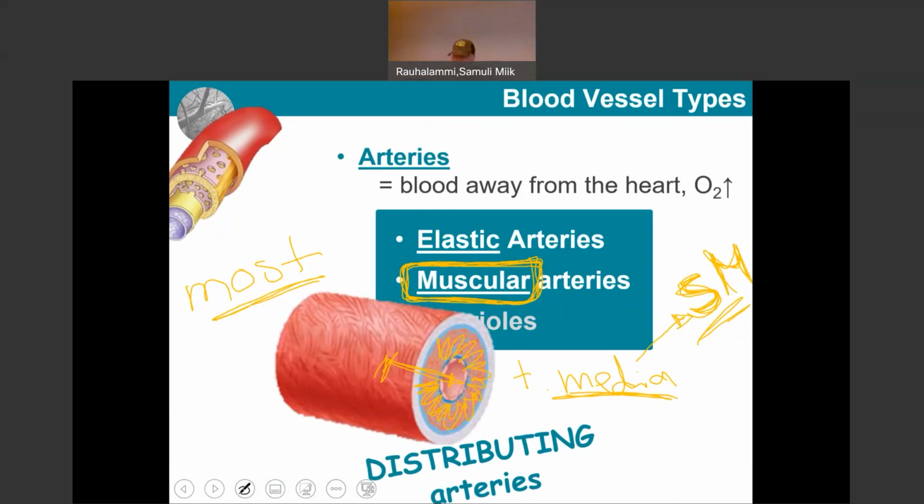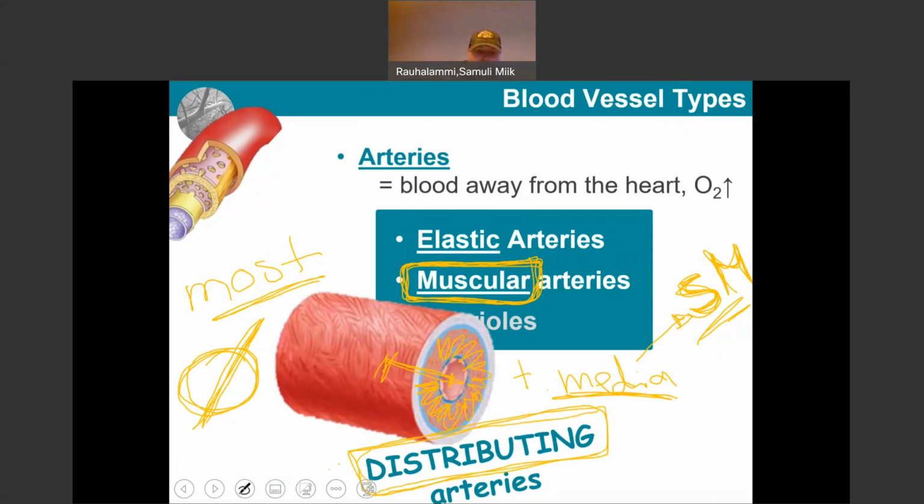There is a little elastic tissue as well, and this, of course, allows us to do vasoconstriction. So we're now able to expand and shrink in response to where we want the blood to go. So we're able to choose where the blood travels. And this is where the name distributing arteries comes from, that we typically associate with these muscular arteries.